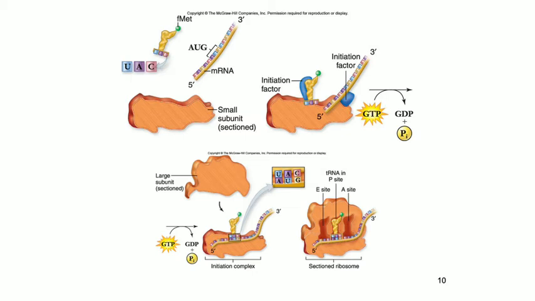So this AUG, this three nucleotide sequence, is called a codon. Codons are always three nucleotide sequences. And what it is zooming in on is that the bottom part, or the anticodon part of the transfer RNA, has UAC on it.